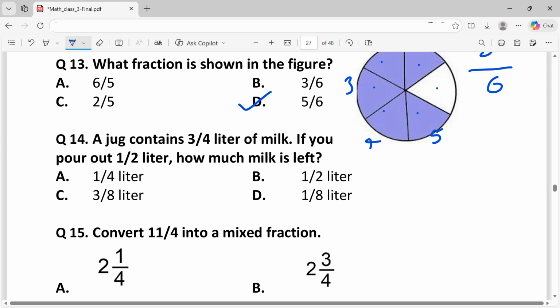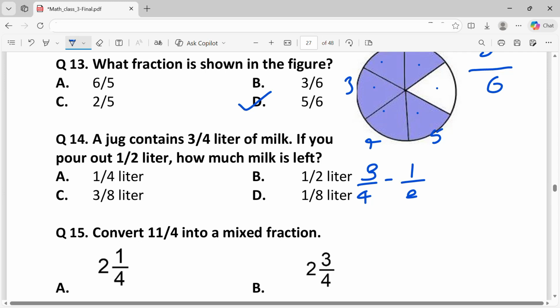To find the amount of milk left, we subtract the poured out quantity from the total quantity, that is 3 by 4 minus 1 by 2.